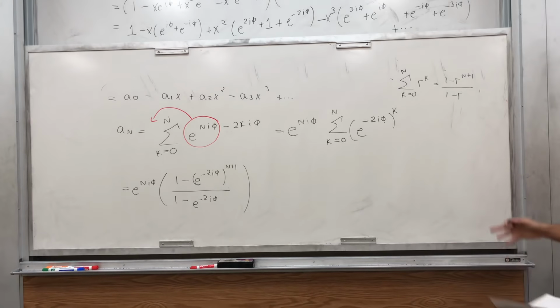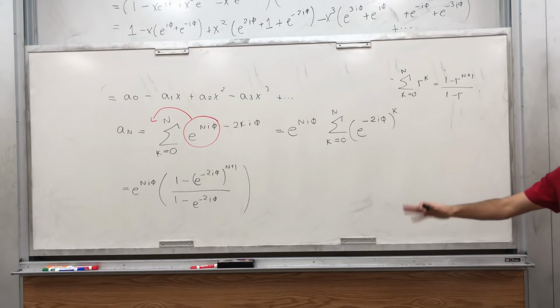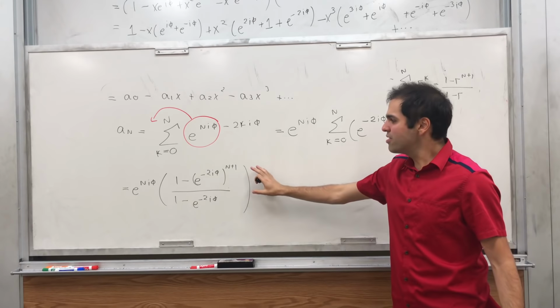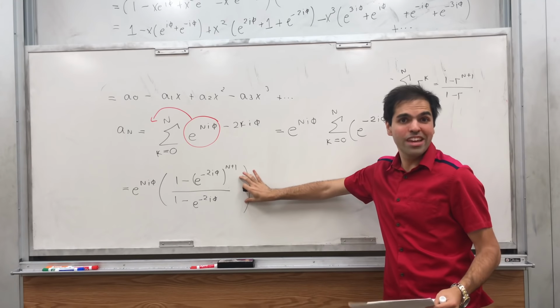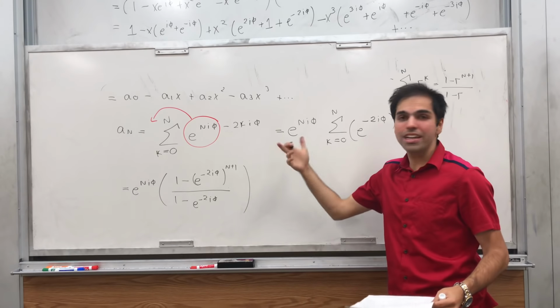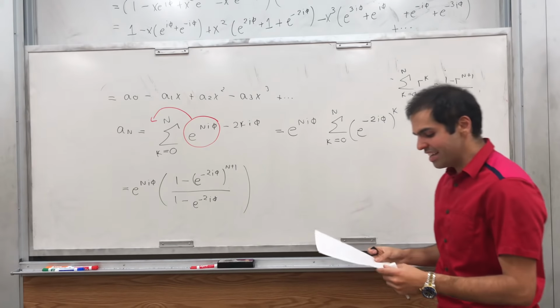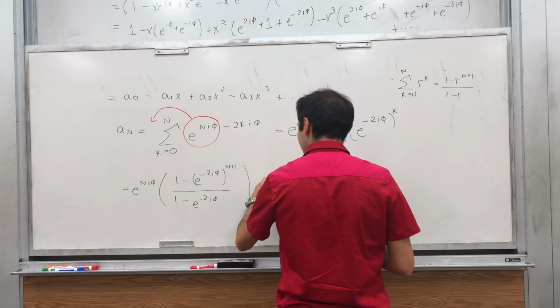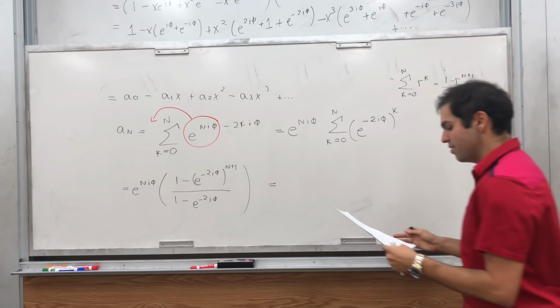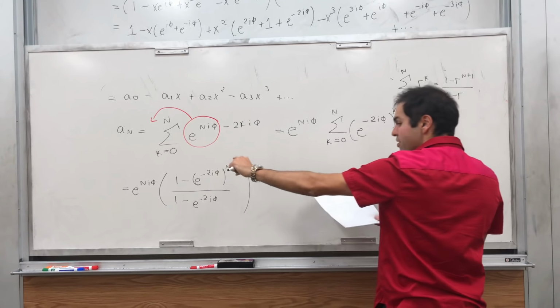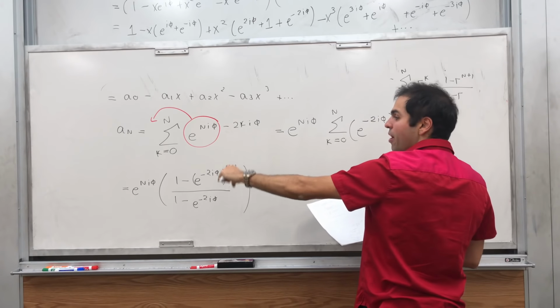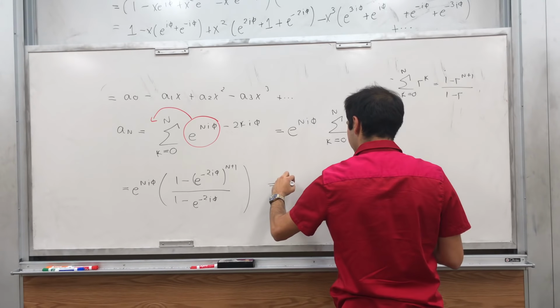And what we would like to do is to clean this up a little bit. It turns out not only will this term be real, which is cool, but we can actually write this in a more elegant way. And the way to clean this up, and you'll see in a second why this is true, let's multiply top and bottom by e to the i phi.